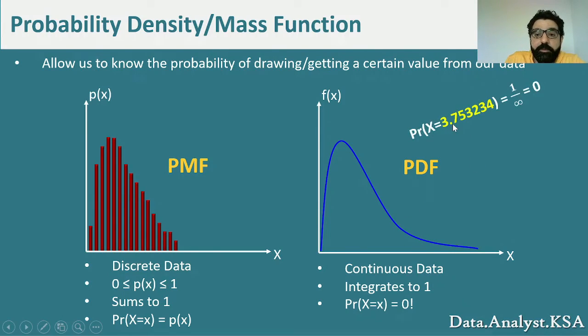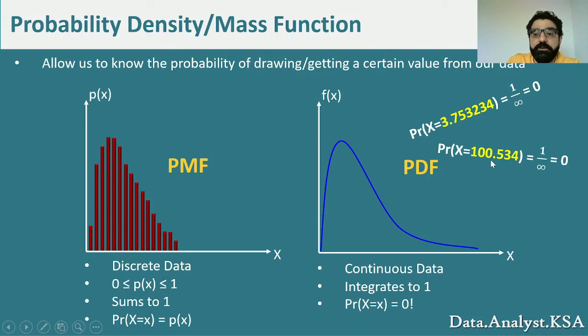So if you think about it, the probability of getting this number is 1 over infinity, because in a frequentist point of view, it's the value I'm interested in over the full range of values. So I'm interested in a single value out of an infinite number of values. So it's going to be 1 over infinity, that is 0.